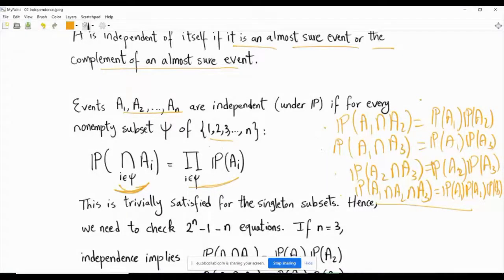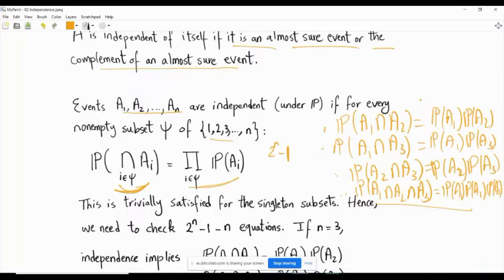If you have n events, again, you take the events 2 by 2, in 2s, in 3s, in 4s, in 5s. So how many of those conditions must be satisfied? What are the subsets of the set 1, 2, 3 up to n? There are 2 to the power n. If you exclude the empty subset, this is minus 1.